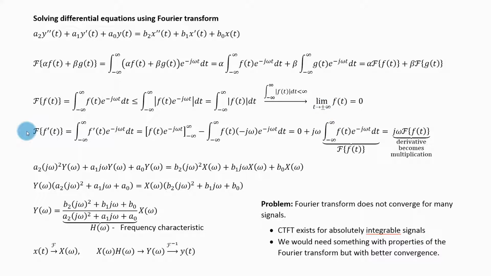The third thing we need to examine is the Fourier transform of the derivative of a function. To do this, we need to use the definition integral and then evaluate it per parts. In the integration per parts, I will integrate this derivative of function f and differentiate this exponential.